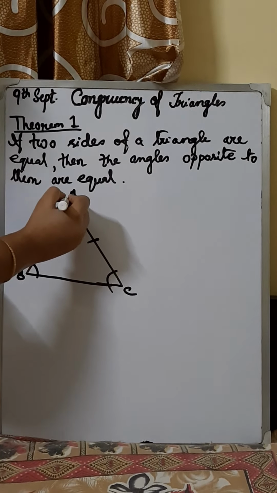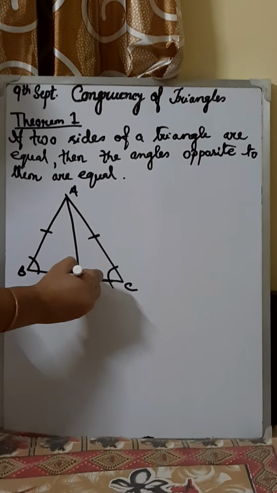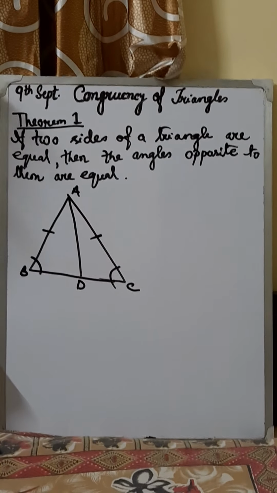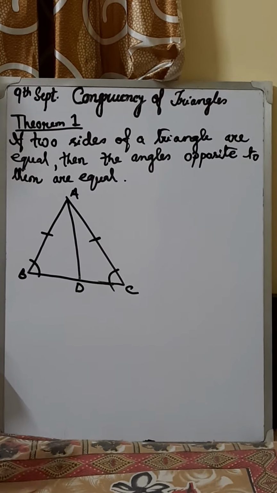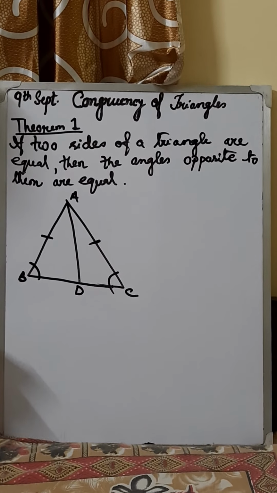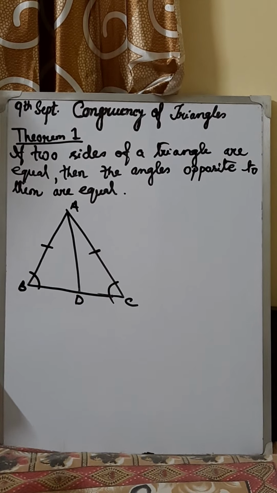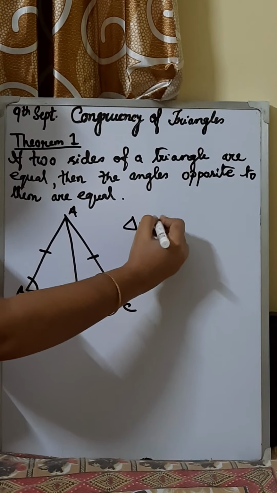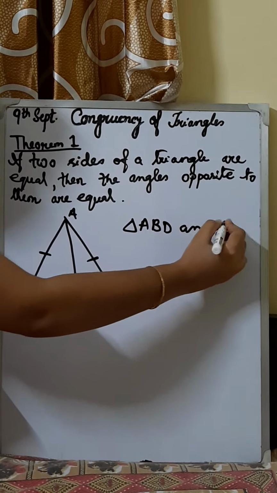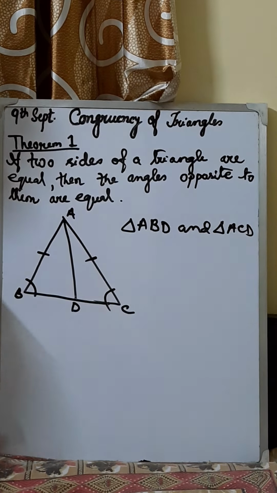First we draw a perpendicular line AD on BC. Okay. Now, after drawing the line, we can see there are two triangles formed: the triangle ABD and the triangle ACD.